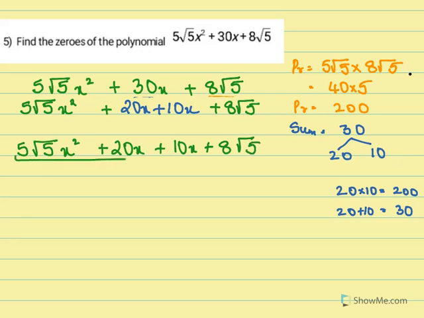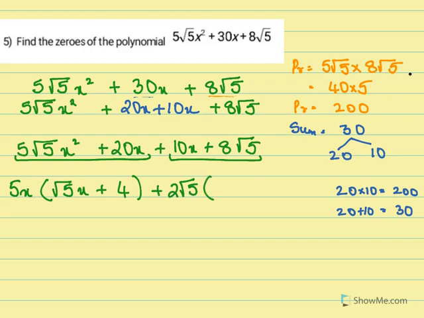Now from here I've got to take common out, and what I'm going to take common out here is 5x. So what will remain here is under root 5x plus 4. Now from 10, common out 2 under root 5. So from 10, if I take 2 under root 5, what will remain? To find that, I divide it by 2 under root 5.